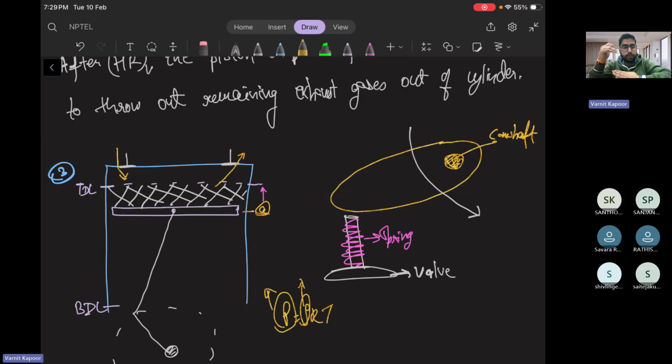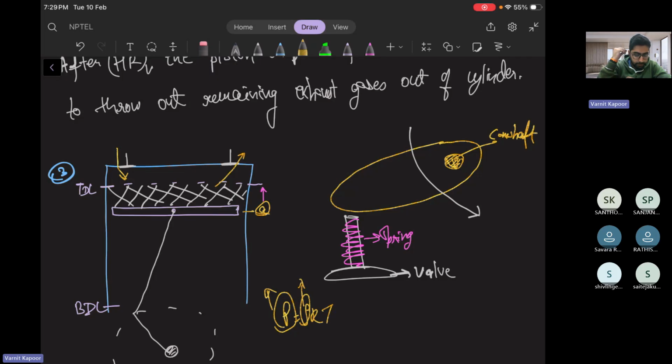So the air fuel mixture is also entering at that point of time and coming out with the exhaust. Fresh air fuel mixture is coming out, which is unburned hydrocarbon, and it is a source of pollution. That is why we are closing the exhaust valve just before reaching the top dead center.